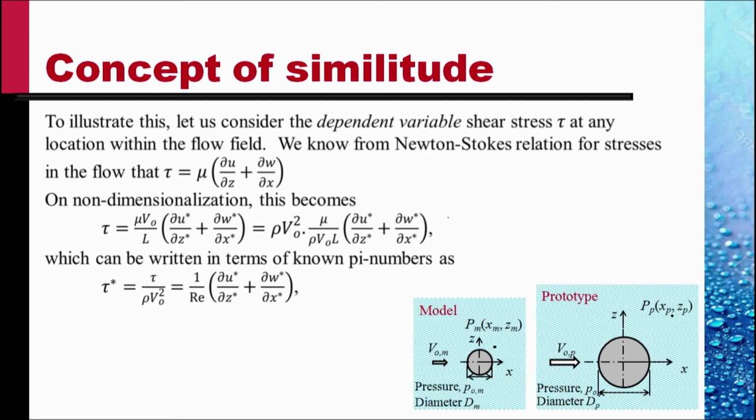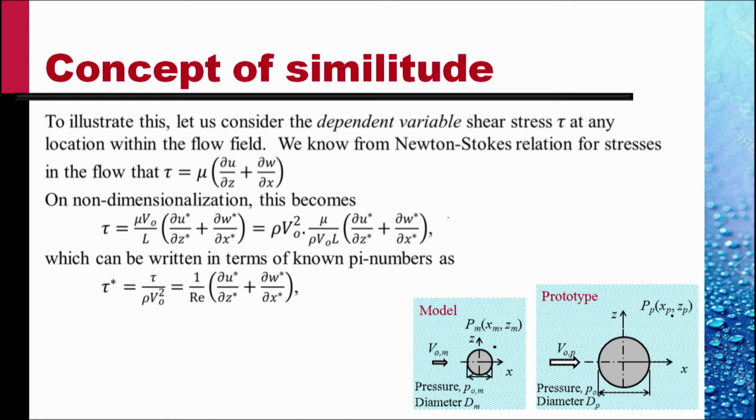We know from Newton's Stokes relation for stress in the flow that tau is mu times the rate of deformation, which in two-dimensional flows would be del u by del z plus del w by del x. On non-dimensionalization, this becomes tau is equal to mu v naught by L into del u star by del z star plus del w star by del x star.